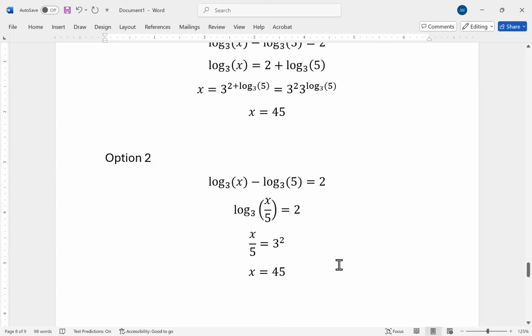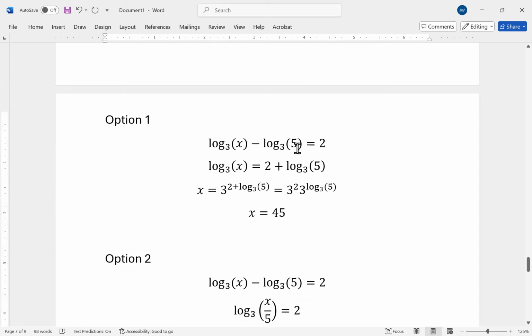Either way gives me the answer of 45 that I can plug in and check and make sure I get the right answer. So either way gives me the correct answer. In this case, probably option 2 was a little bit quicker than option 1.